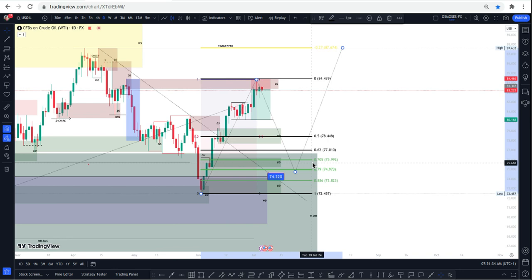This is the OTE zone, which is 0.70 or 0.75, 0.79 or 0.88. A lot of people use that zone, but for me, I don't want to buy at a very expensive rate. I want to buy at a very cheap rate. So I believe for it to come below 50%, and then I'll start looking for areas to buy.